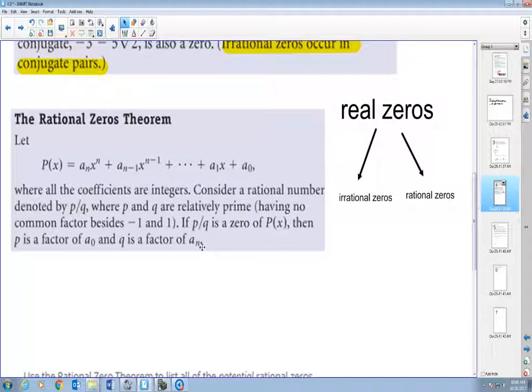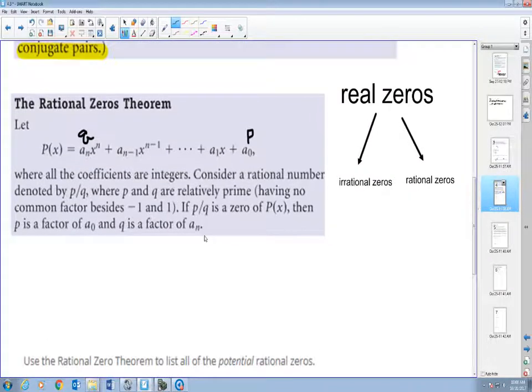If we pretend this rational number p over q is a zero, then p is a factor of a sub 0, and a sub 0 is the constant term. Okay, p is going to be a factor of the constant term, and q is going to be a factor of the leading coefficient a sub n.